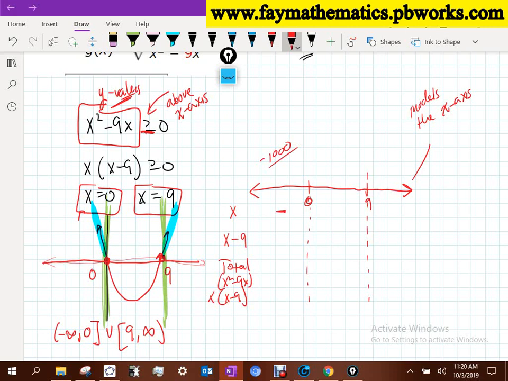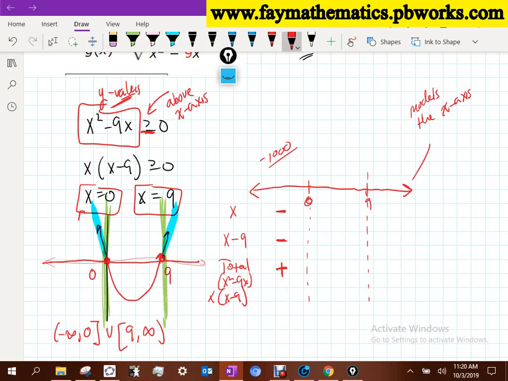Out at negative 100, at negative 1,000, this factor is going to contribute to my product a negative amount. If I have two factors that are both negative, their product becomes positive, right?